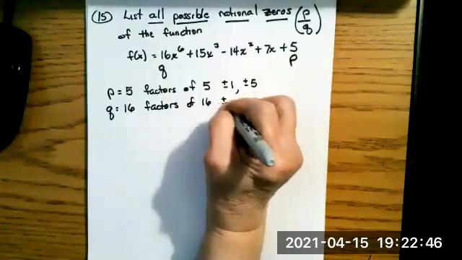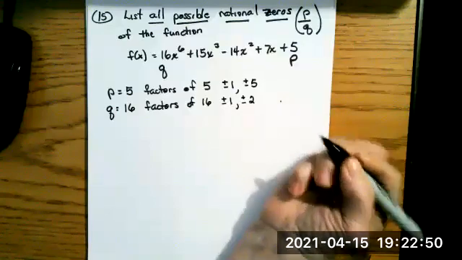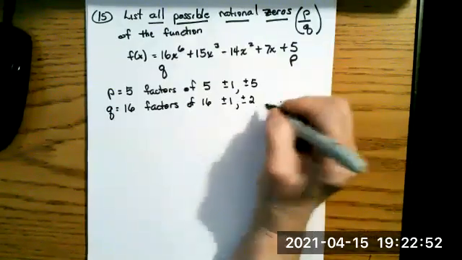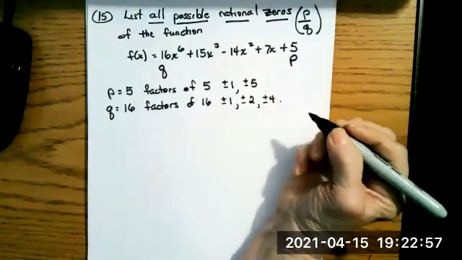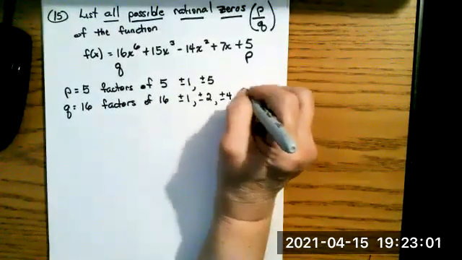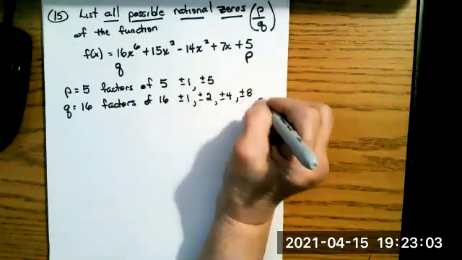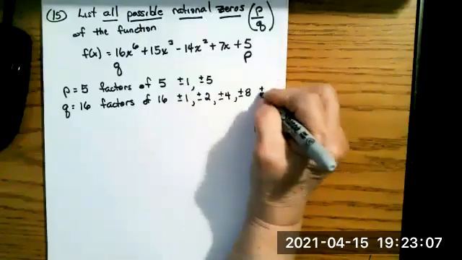So we know it's plus or minus 1, plus or minus 2. 3 won't work. 4 will. Plus or minus 4. 5, 6, and 7 won't work. 8 will work. Plus or minus 8. And then I've got 8 and 2, 4 and 4, 1 and 16.